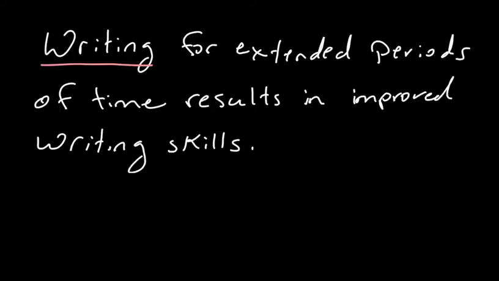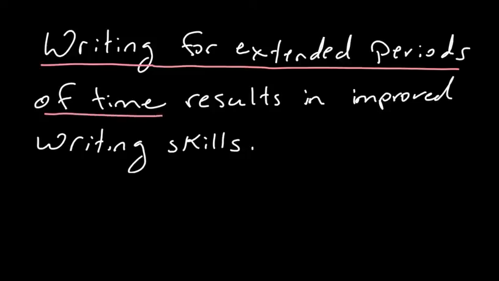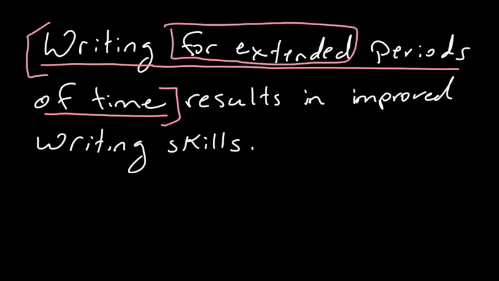So I'm going to include also "writing for extended periods of time," and we stop just before the verb. This gerund phrase includes 2 embedded prepositional phrases that should be part of the phrase because they function as modifiers.